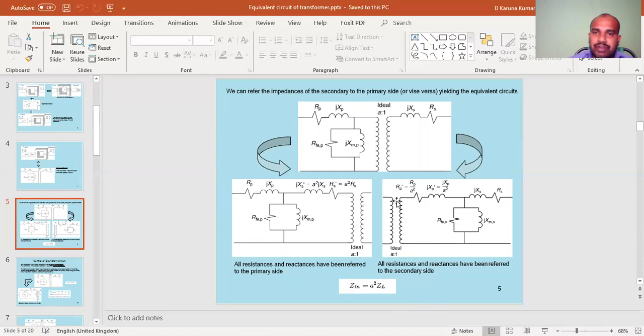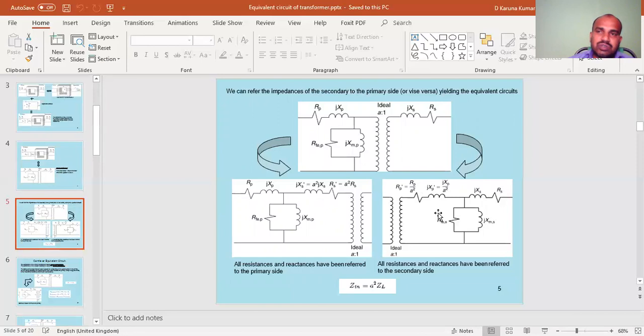Referred to the primary side, the reactance is Xp divided by A squared, where A equals the transformation ratio. Okay, A means transformation ratio.